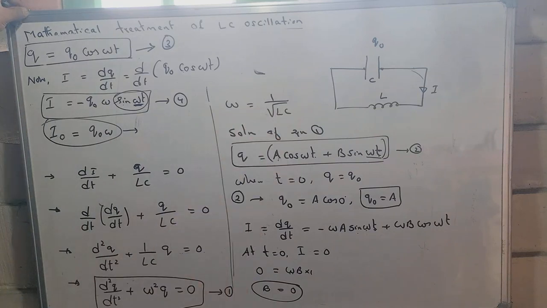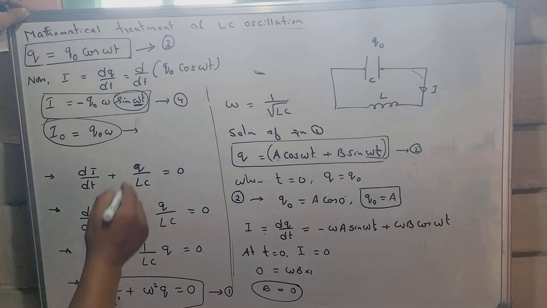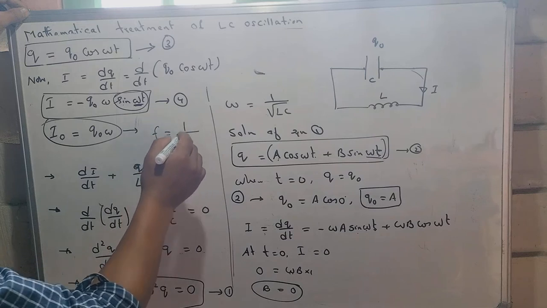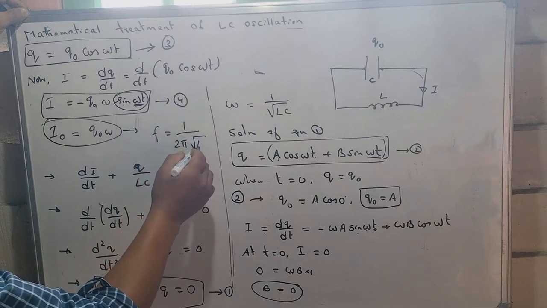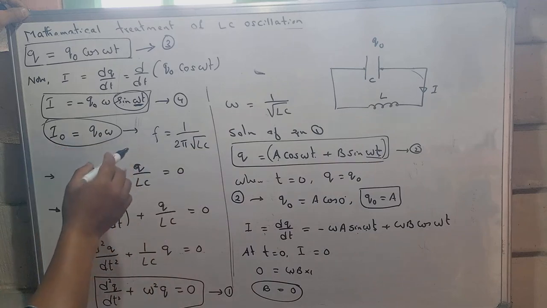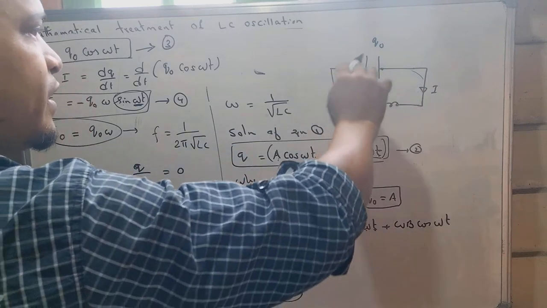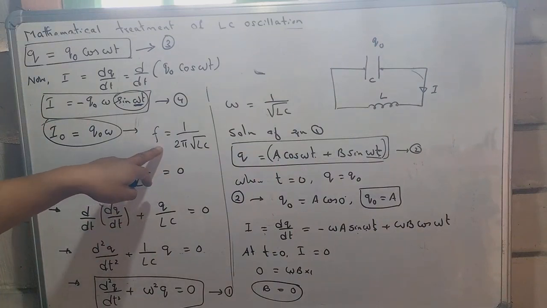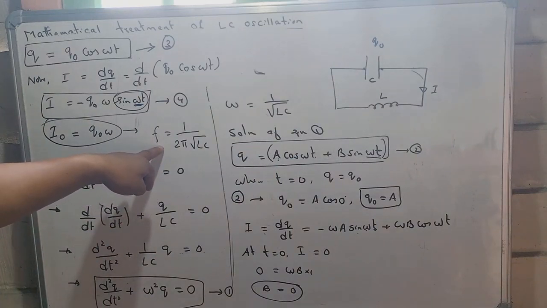In this case, the current will oscillate with a frequency f equal to 1 upon 2 pi root LC. The current flowing in this circuit has this frequency, and the current is maximum at this frequency.